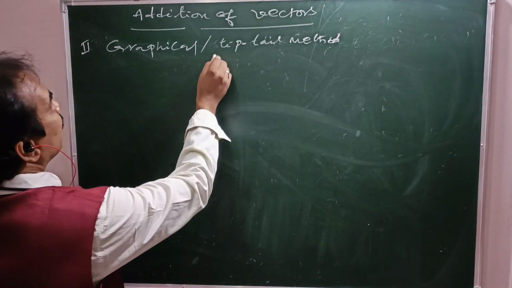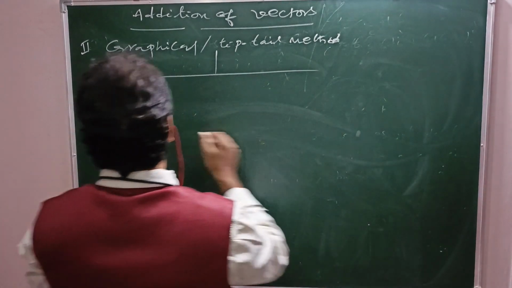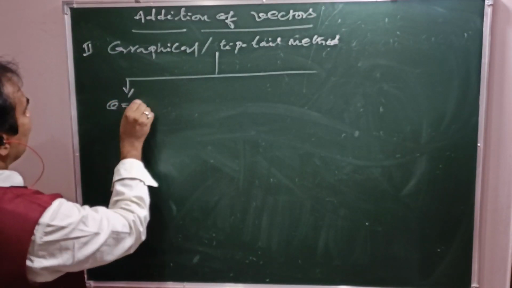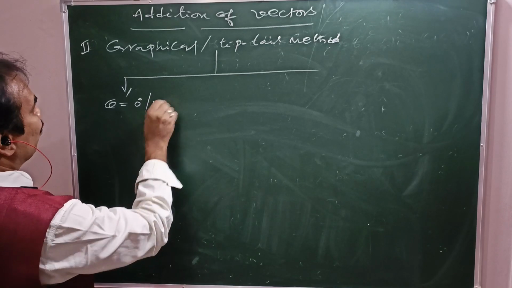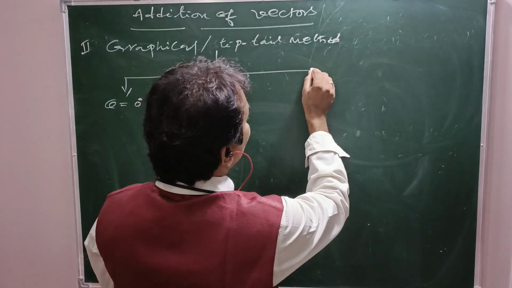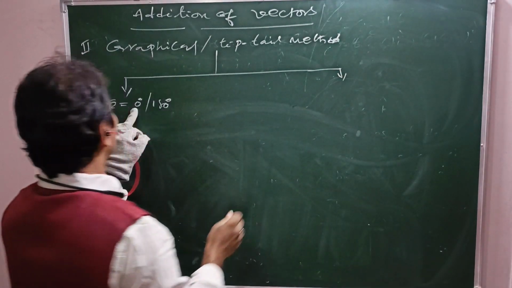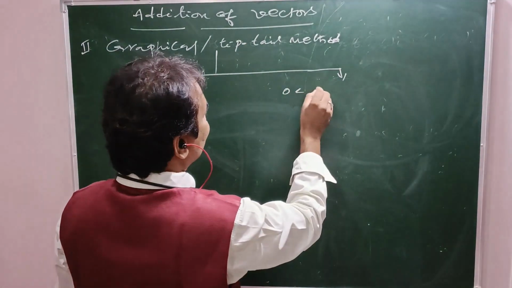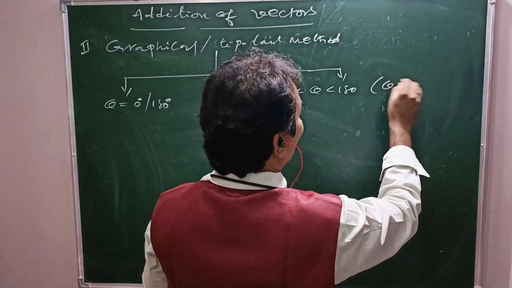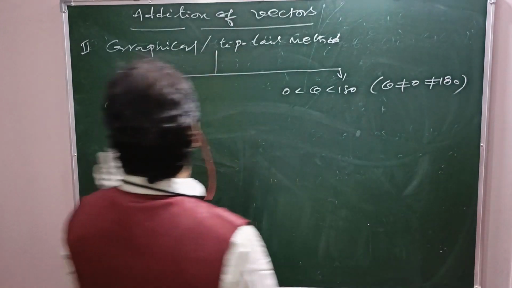Suppose here two obligations are there. First obligation, when theta is either 0 or 180 degrees. Other case, theta is other than 0 or 180, that is 0 less than theta less than 180, means theta not equal to 0, not equal to 180, right?